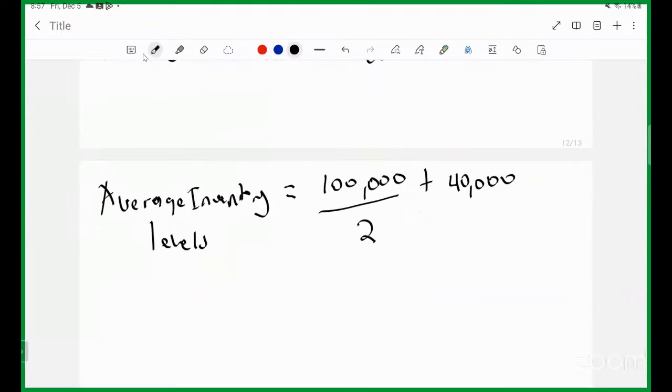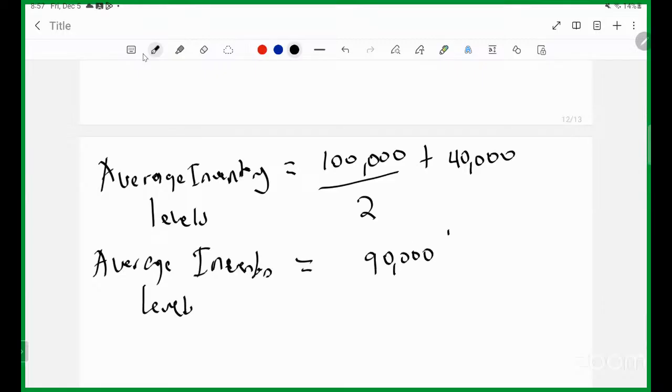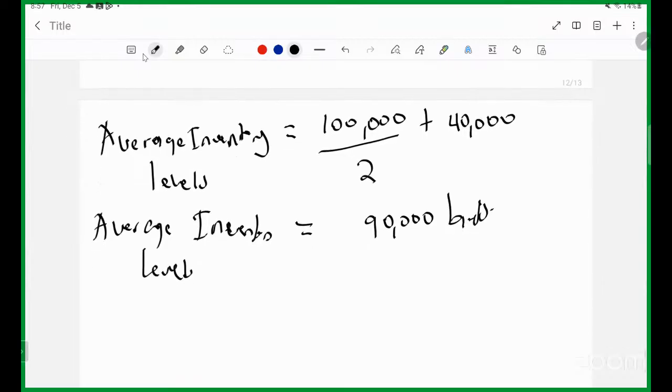So what is the average inventory level that we get here? 90,000 birds. So our average inventory level is equal to 90,000 birds. Now you're going to multiply with the holding cost per bird, which is 10,000.